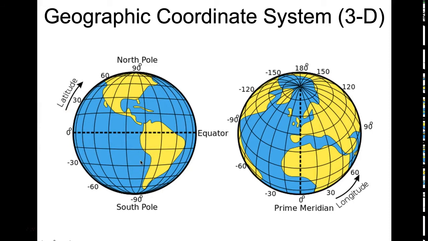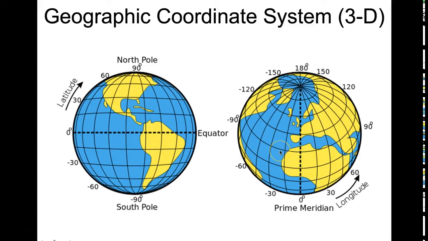So in this way, we can pinpoint any location on the Earth by a combination of the latitude coordinate, which is one of these rings around the Earth, and the longitude coordinate, which is one of the rings that go between the two poles around the Earth.